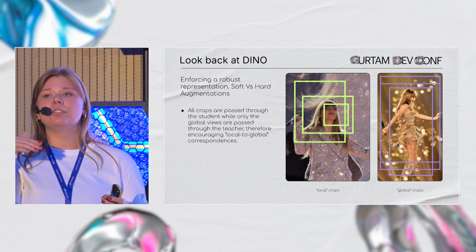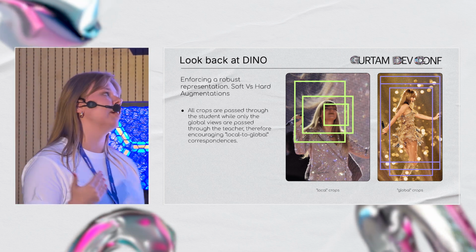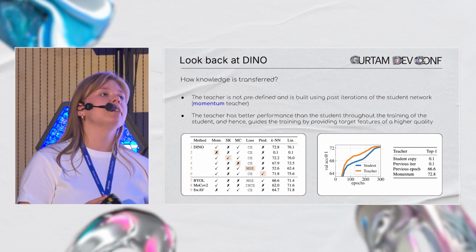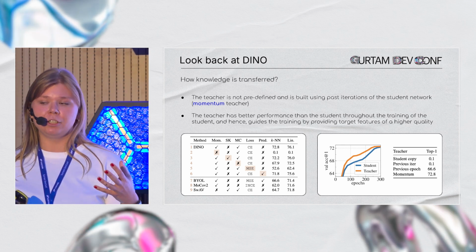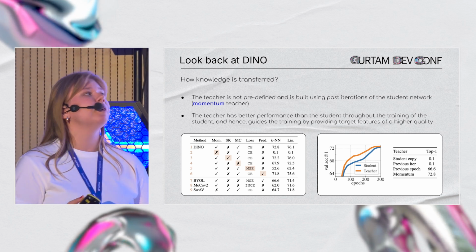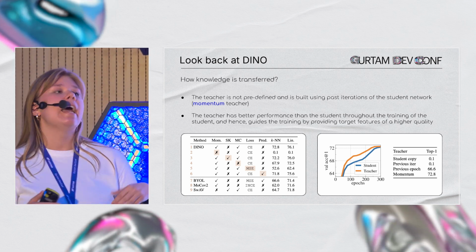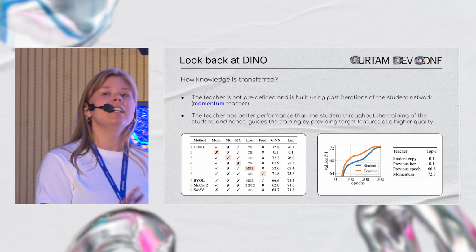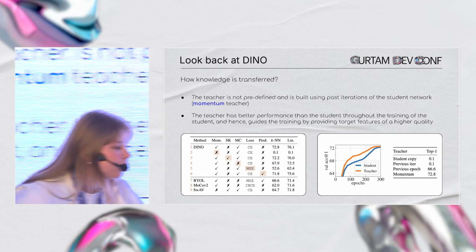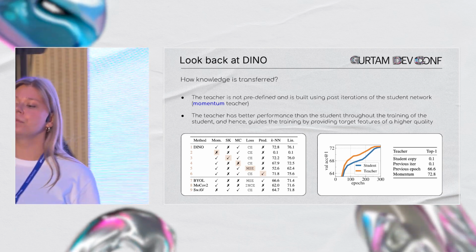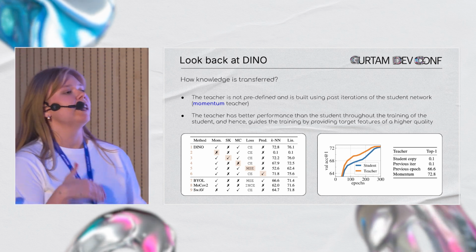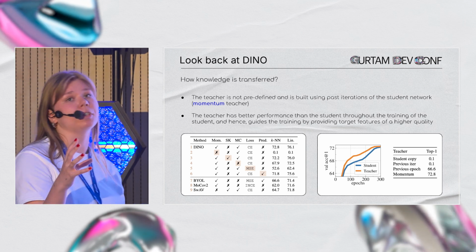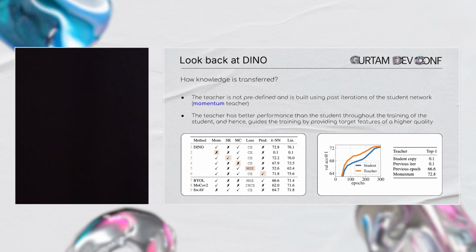And also about the differences in the training approach for teacher and for student. The student model is updated each iteration, while the teacher model is updated only once in a while, based on the previous iterations of your student. You can see it on this plot: the teacher is always a bit better than the student. The teacher is updated taking into account all the mistakes of the student, because it takes an average of the student's past updates.